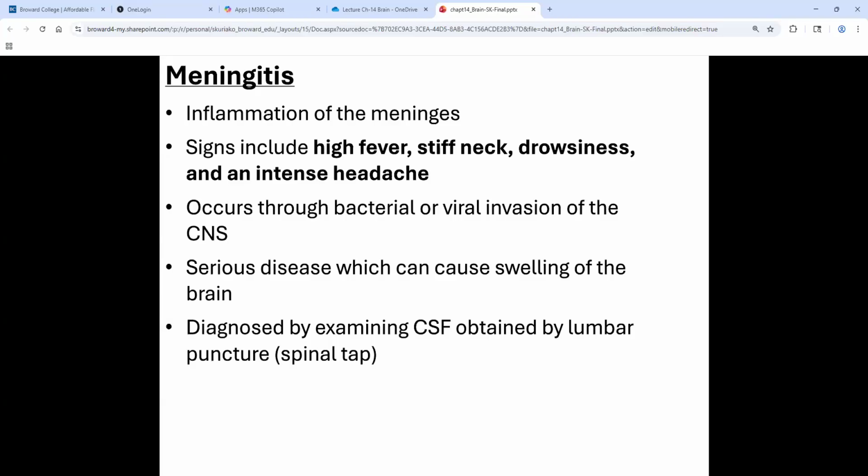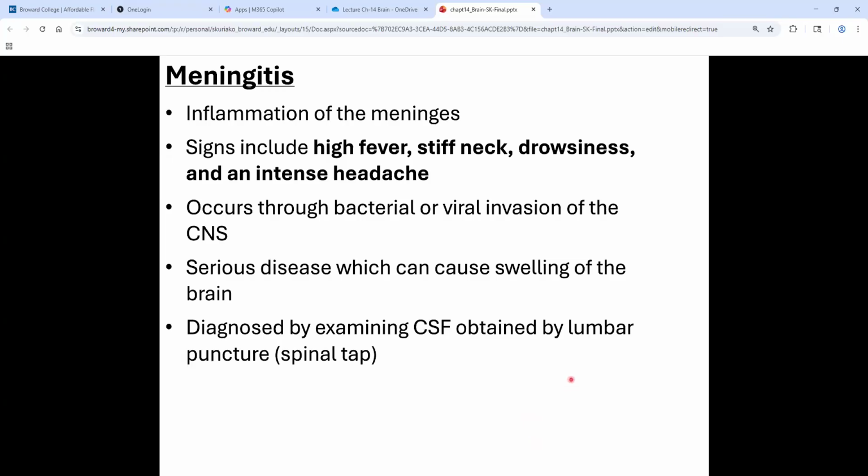Meningitis could be due to a bacterial infection, viral infection, could be due to many causes. But we have this blood-brain barrier, which is very good. It's a good protection. We talked about that, and we'll be talking about that once again. And meningitis is a very serious disease.